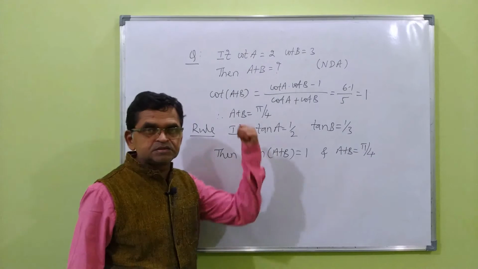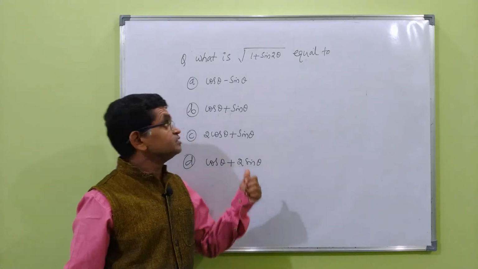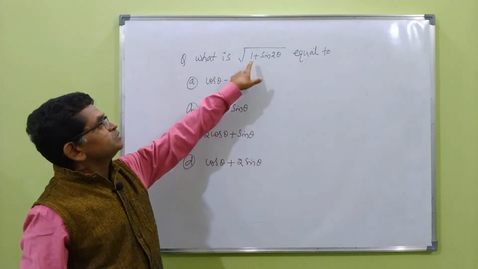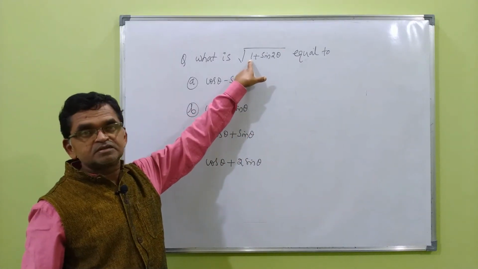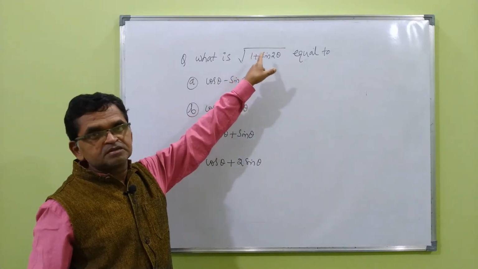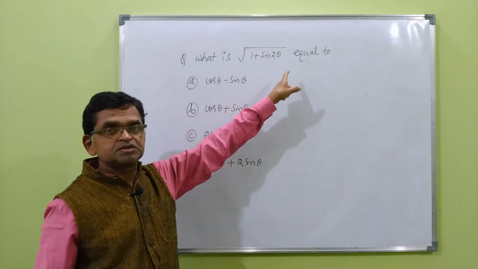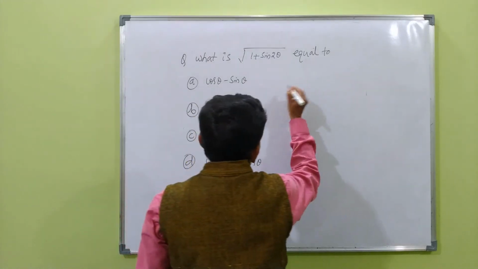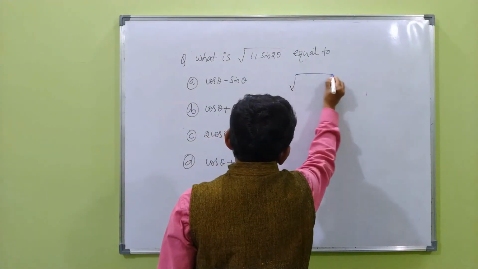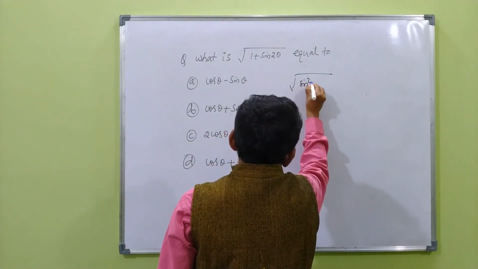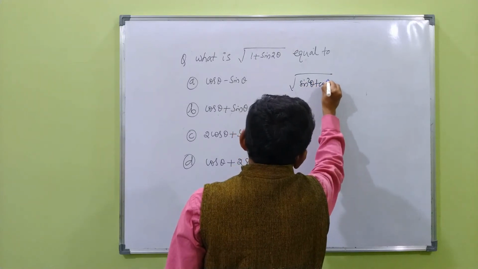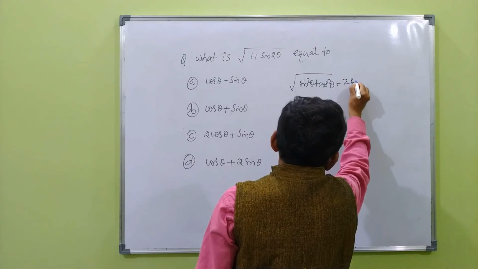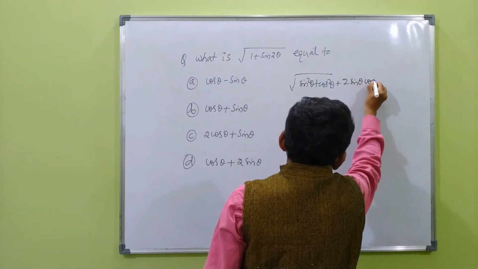Okay, this is the question: what is the value of root of 1 plus sin 2θ? This is very simple. So 1 can be written as sin²θ + cos²θ. Sin 2θ is 2 sinθ cosθ, hence this is the root of sin²θ + cos²θ + 2 sinθ cosθ.